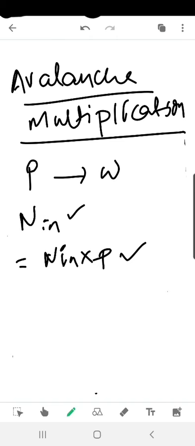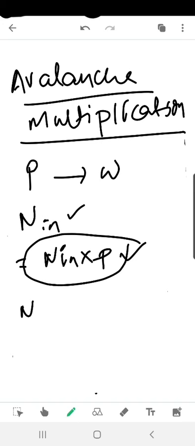And we know that during each collision one electron and one hole will be generated. Okay, so if n in into p is the total number of collisions, then after all these collisions we will have an increased number of charge carriers. How many electrons will be generated?